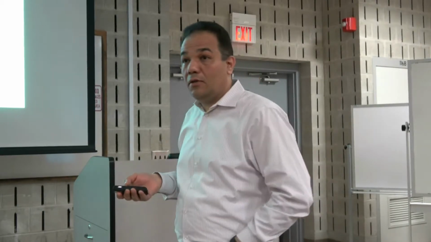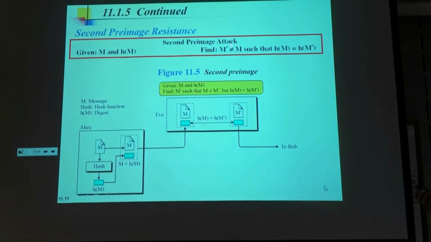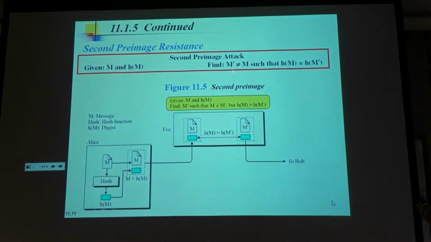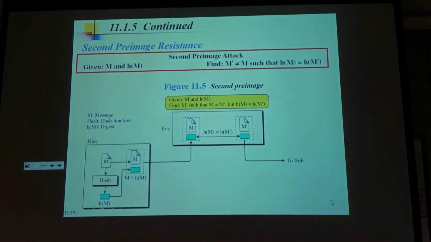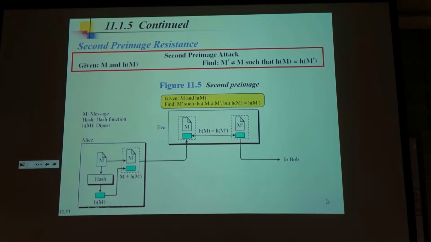So Eve could have the message and the digest, which is transmitted in the network. So what is the attack? Find m prime, which does not equal m, such that the hash of m and the hash of m prime are equal.